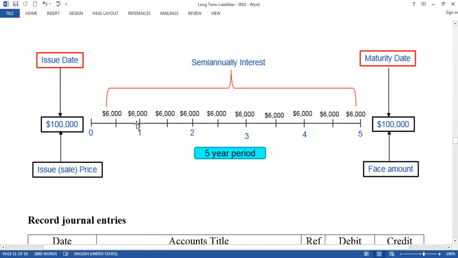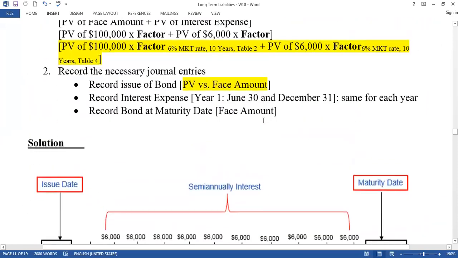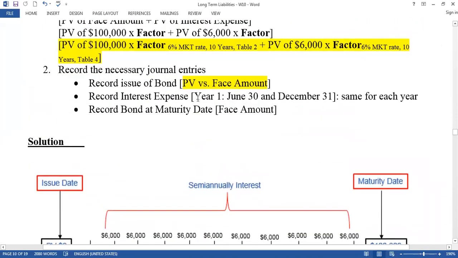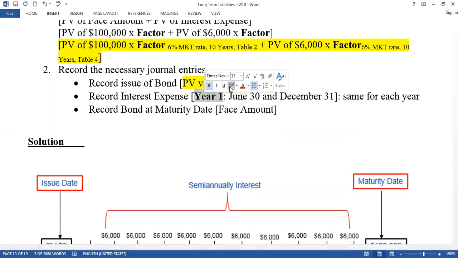I told you that for every year we record interest expense, one for June 30 and another for December 31st, and it should be the same for every year. So I am going to show you the journal entry for only year 1. If you understand year 1, then year 2, year 3, year 4, year 5 have the same journal entry.